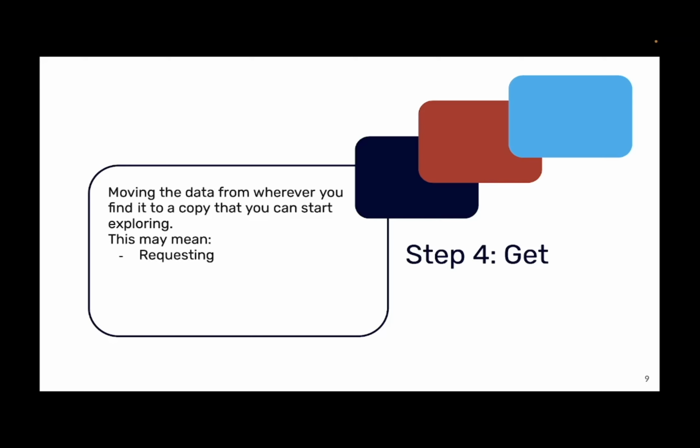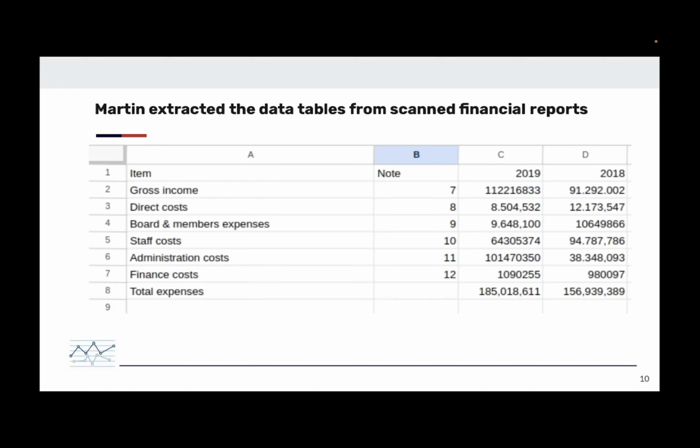This may mean requesting, crowdsourcing, downloading, web scraping, and extracting, for example, from PDF or from an image. You can crowdsource using online forms, you can perform offline data collection, you can use some crazy web scraping skills, or you can simply download the datasets from government sites using their data portals or through a Freedom of Information request. Martin extracted the data tables from scanned financial reports.